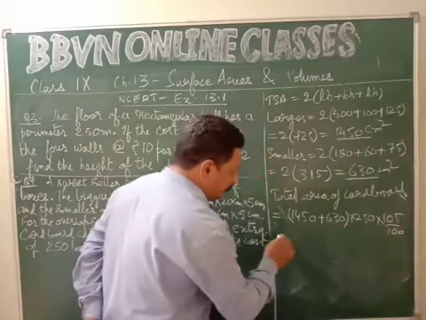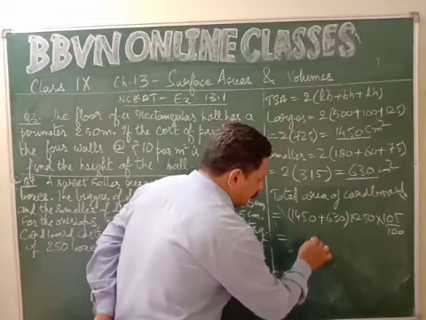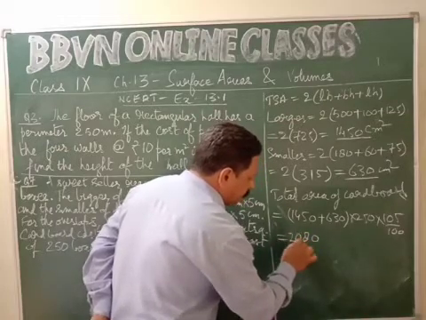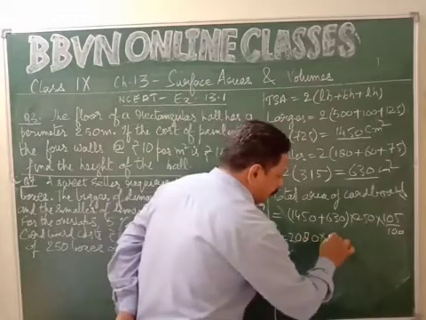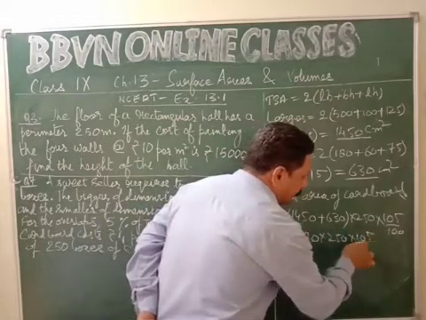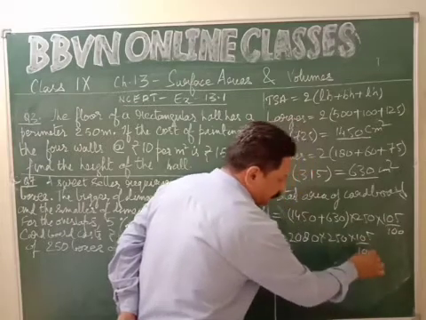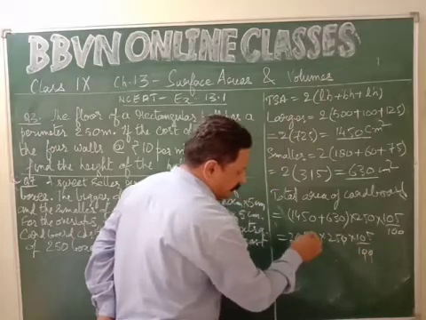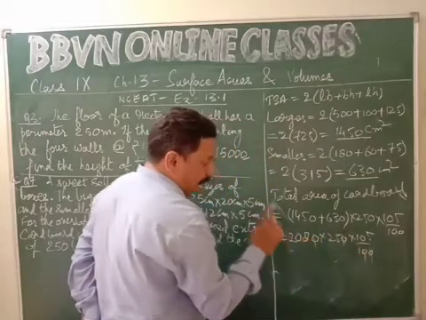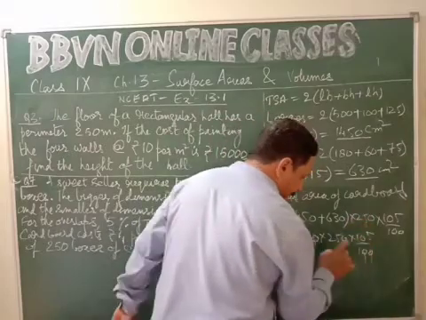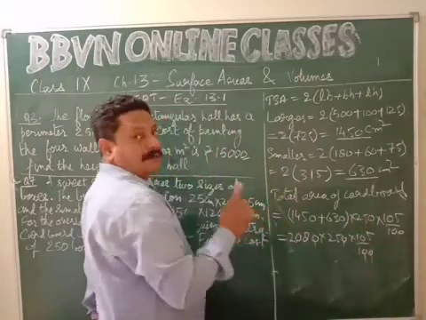Let's see where this calculation goes. 2080 into 250 into 105 upon 100. Now see, this 0 cancels out with 0, this 0 cancels out with this 0. We are left with 208 into 25 into 105. This is the area of the cardboard.